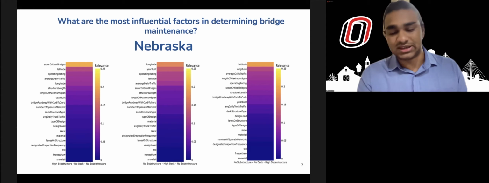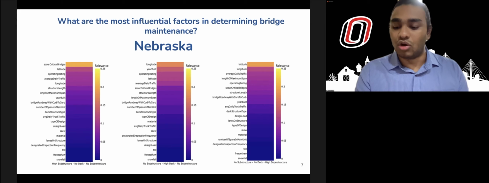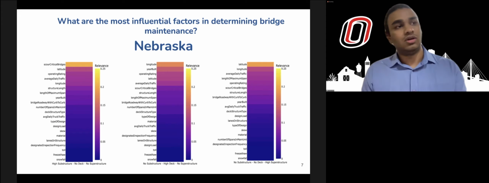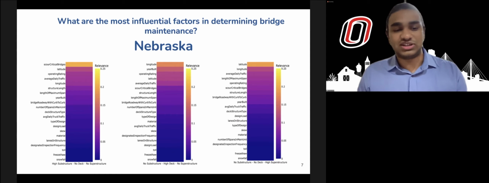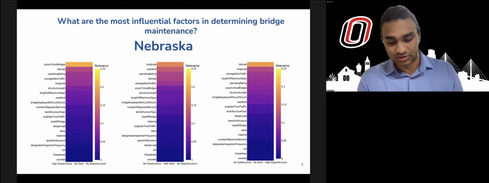It is also interactive, so you can go from one state to another and compare. These kinds of results are very interesting for bridge engineers and decision makers, and they can test their assumptions and theories and understand more about the bridges.